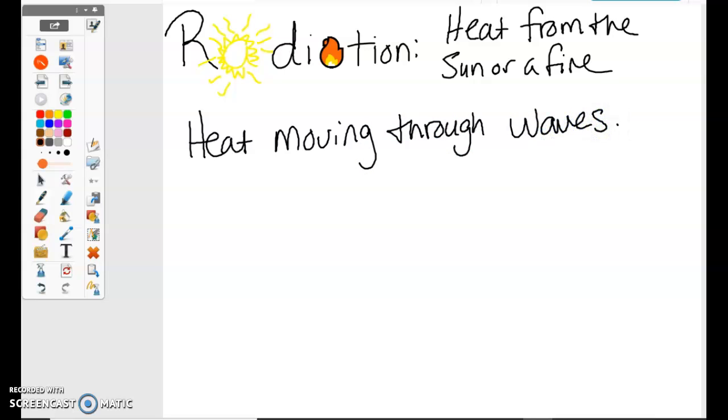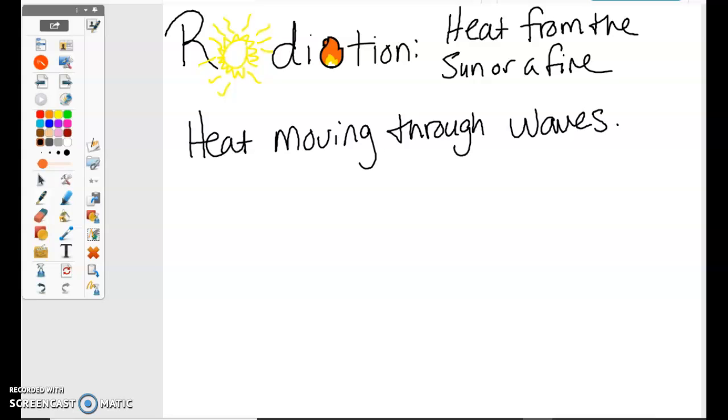Heat moving through waves. Conduction: we underlined the D and highlighted it in red and said do not touch the stove. So we know that conduction is the transfer of heat through touch. Convection, we changed the N and the V into arrows. It works, sort of. Hot going up, cold going down. That's the transfer of heat through a gas or a liquid.